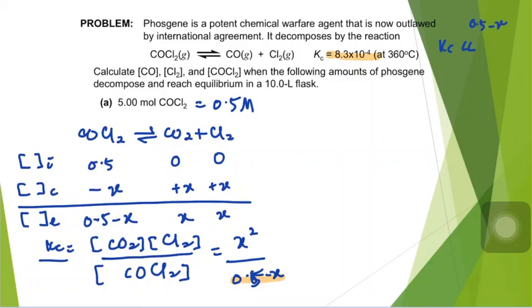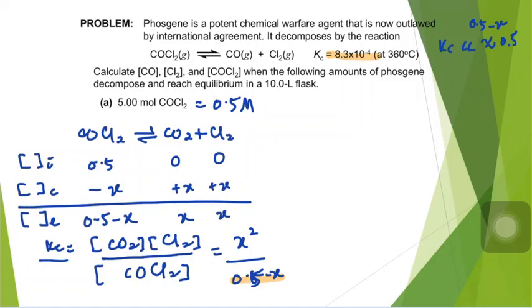However, we have to check this assumption before we can use it.